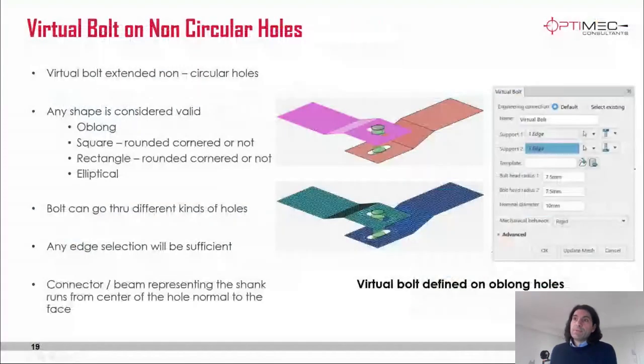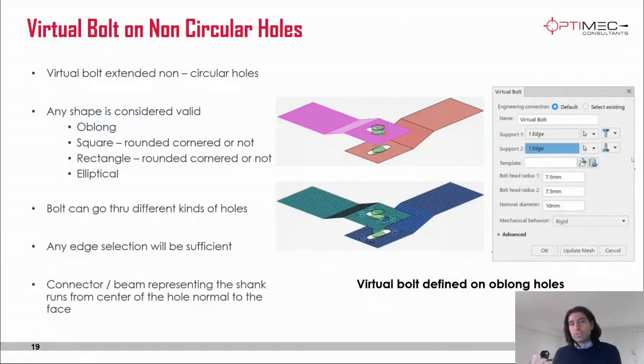Next one, and this is a big one for us. This is an issue that we spoke to Dassault Systèmes about last year. What's nice is to see that Dassault Systèmes takes the time to listen to the issues from users and tries to fix them in future releases. This was an issue for non-circular holes using the virtual bolt tool.